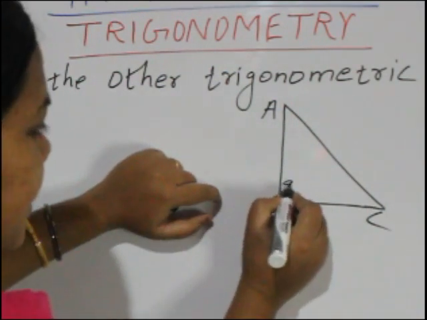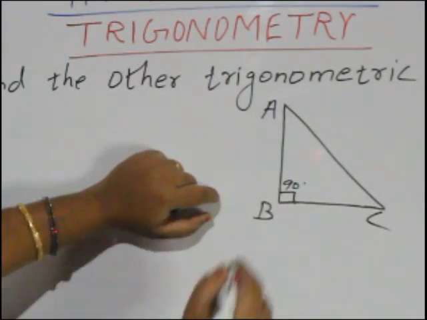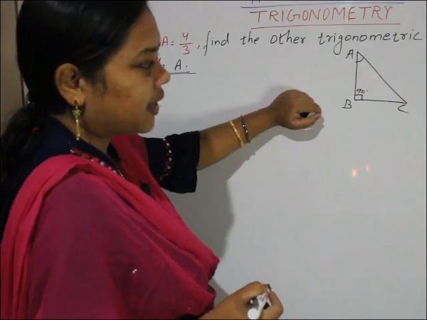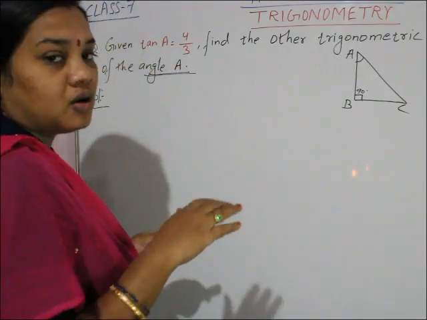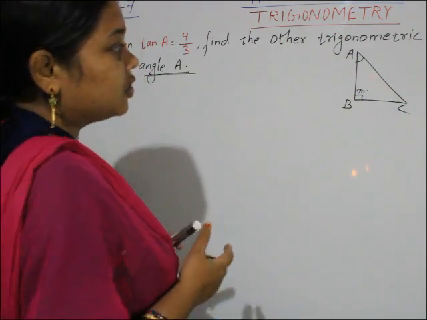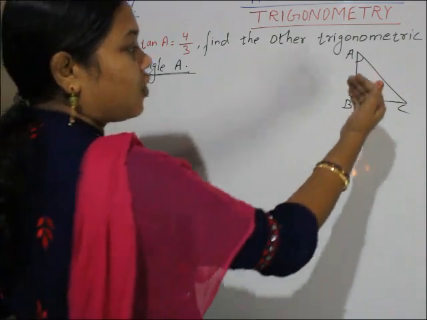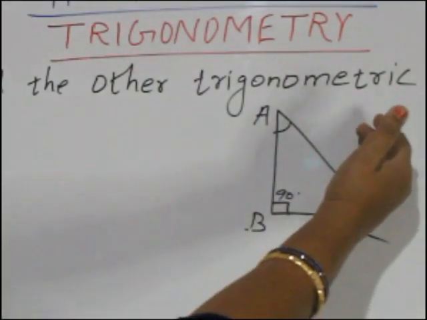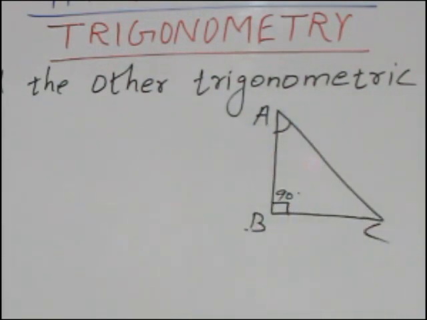Right angle is there at B. Angle A is the angle of reference. Now first we have to find where is perpendicular and where is base. The side opposite to 90 degrees will be hypotenuse. First you have to mark the hypotenuse.